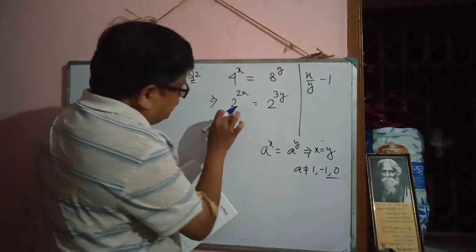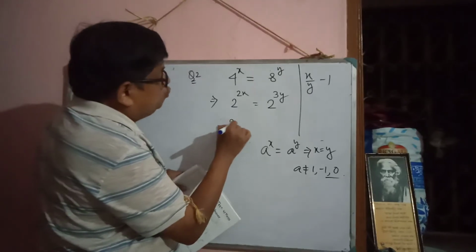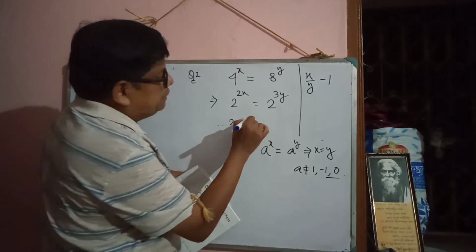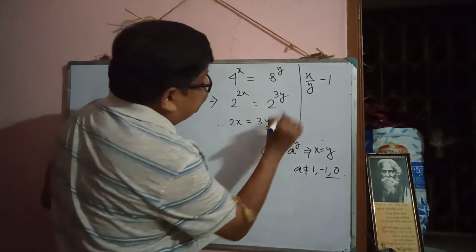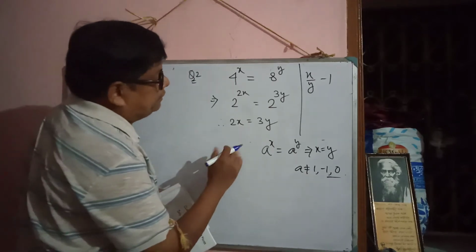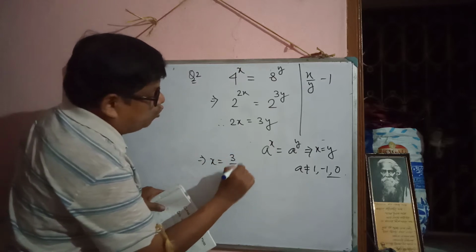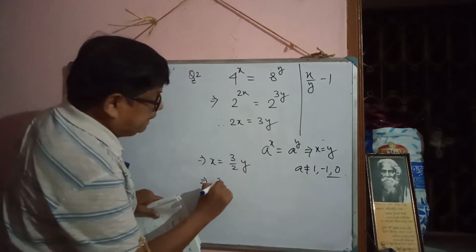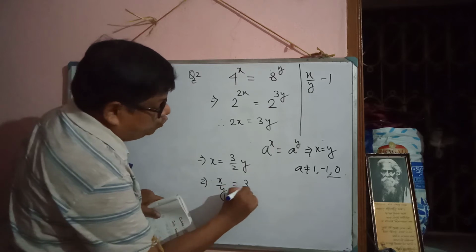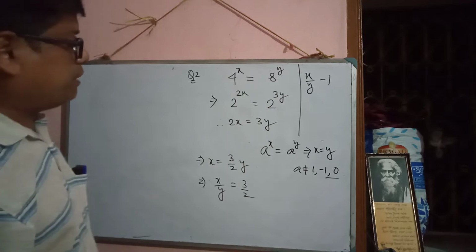See here, base are same, so 2x equal to 3y. So x equal to 3 by 2 of y. So x by y equal to 3 by 2.